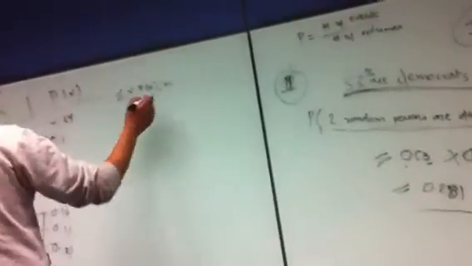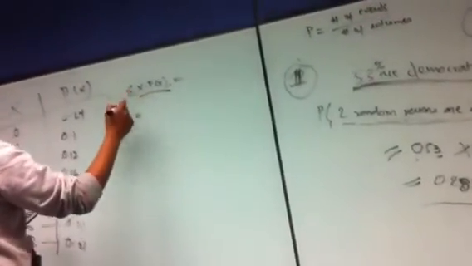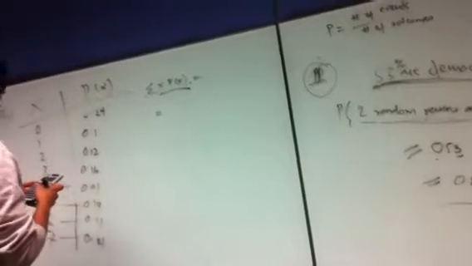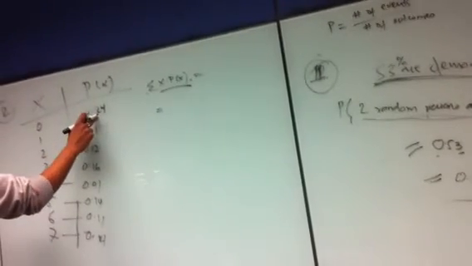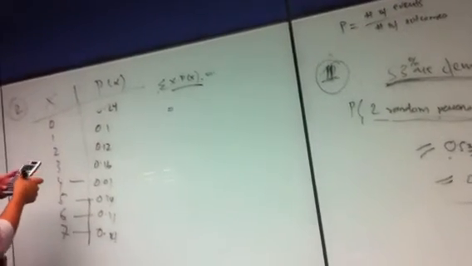What is it asking? It's asking you to find the mean of the given distribution, right? So the mean is going to be the sum of X times P(X). What you do is you multiply this to this and then add them together.